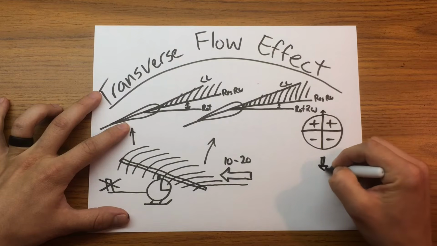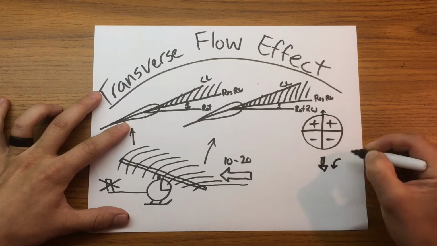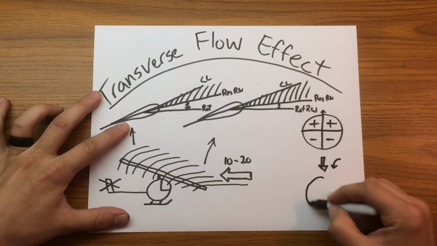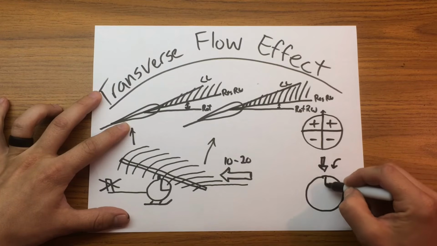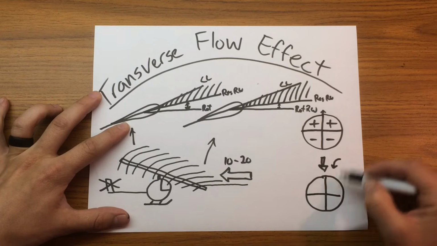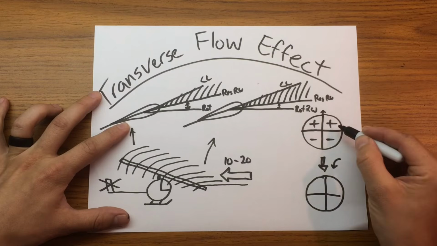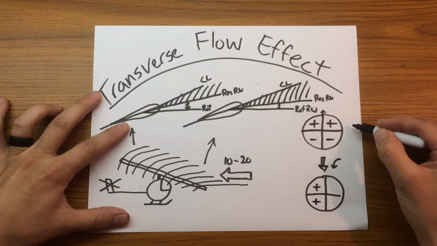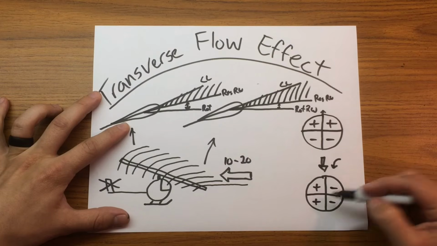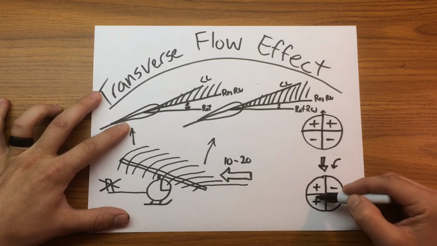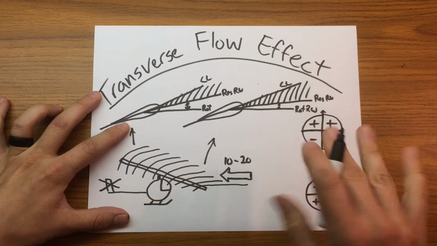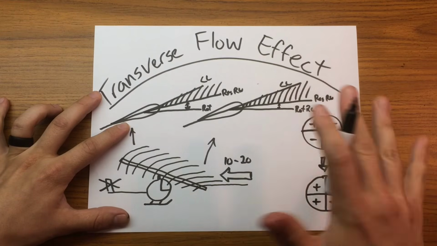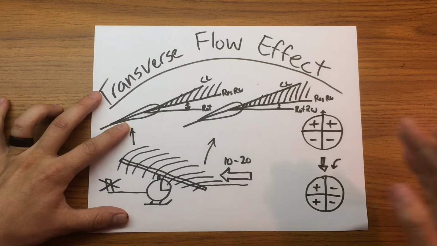So what does it actually look like? We're going to have that 90-degree delay, or 90-degree difference in the manifestation of this, where this increased lift is actually going to rotate to the left side of the disc. This will rotate to the right side of the disc. So what we have here is an increase in lift on the left side, a decrease in lift on the right side. So more lift on the left than the right, it's going to cause that right roll.